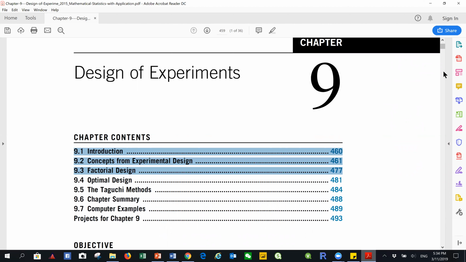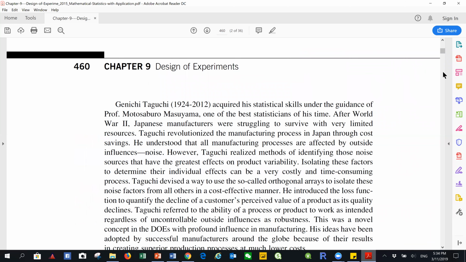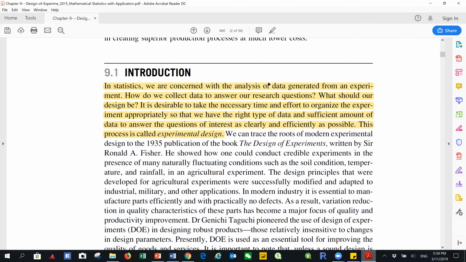so what is a design of experiment? Design of experiment is the way we collect data, all right? Because in statistics, we are concerned with the analysis of data generated from an experiment. How do we collect data to answer our research questions, or what should our design be?